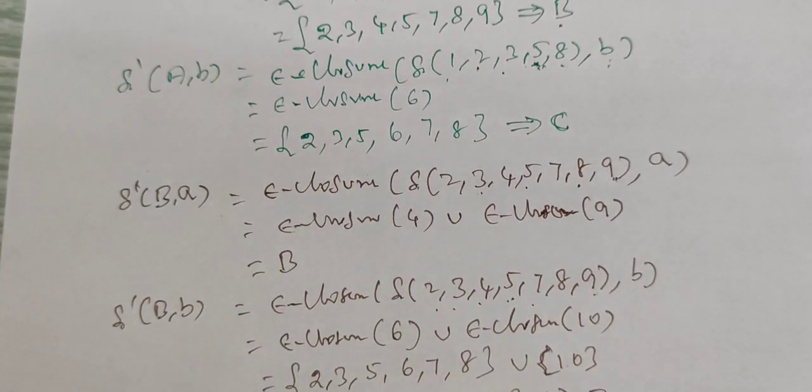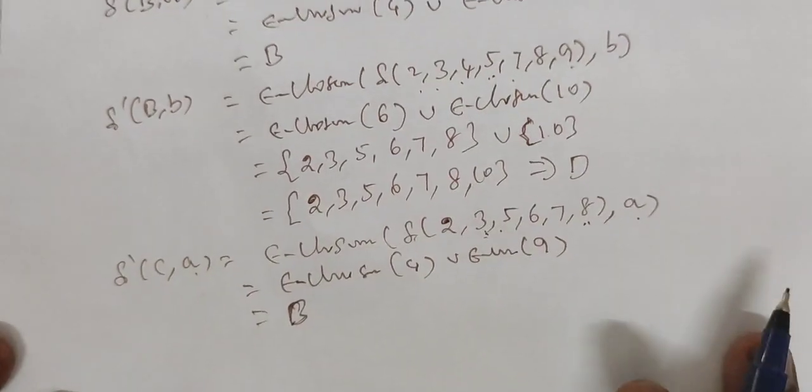So now delta dash of C comma B is equal to epsilon closure of delta of 2, 3, 5, 6, 7, 8, which is C. So 2, 3, 5, 6, 7 and 8 is C. Now we apply B here.